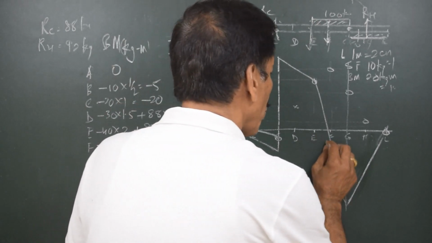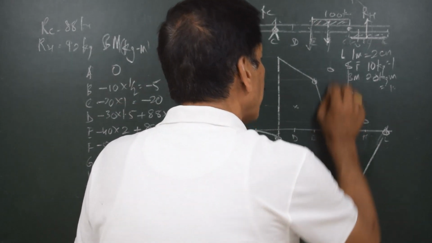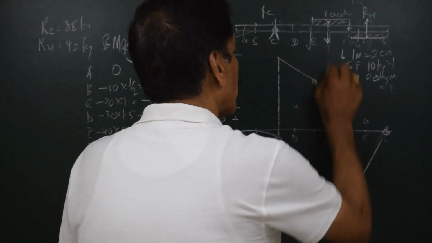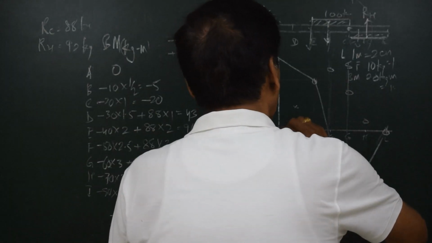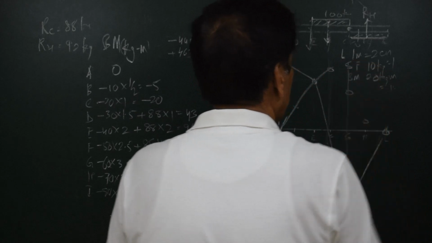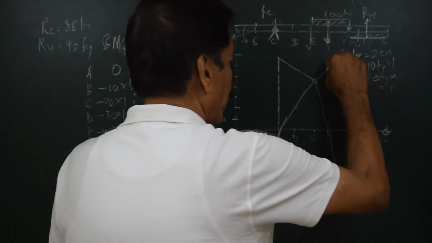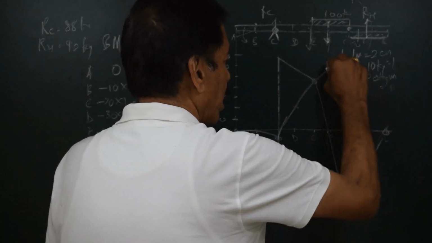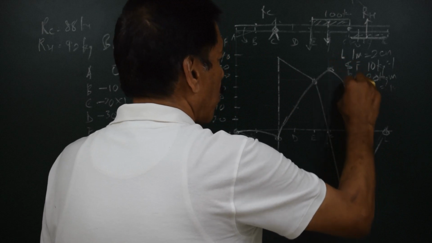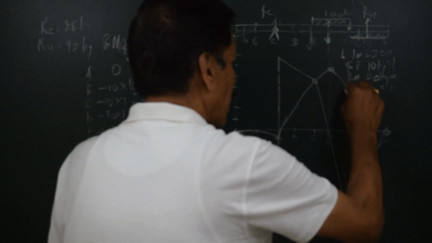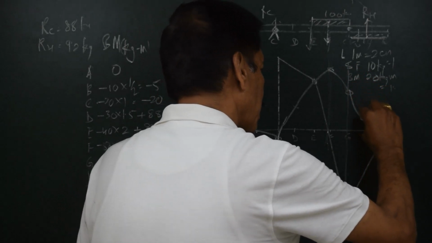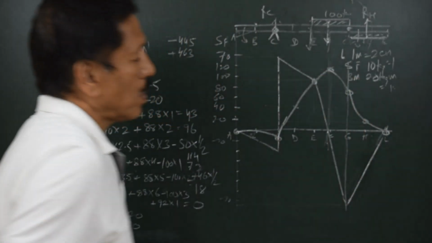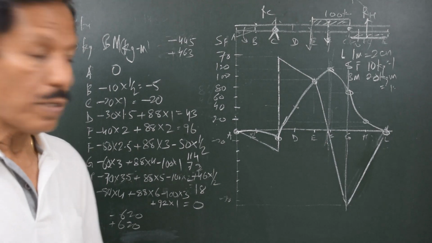And the second thing is, wherever this SF curve is changing direction, you will have the peak value. So when you're drawing the curve, make sure that the peak value happens at the point of intersection, right? The convexity is up to here, and then the concavity starts. This is how you have to draw the bending moment curve, right?